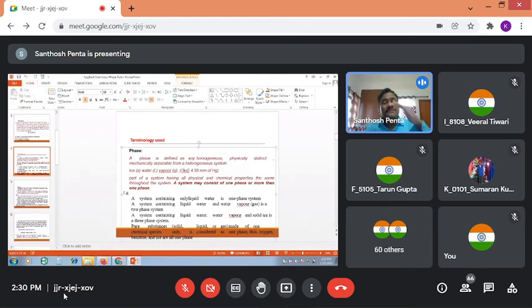If it is existing in equilibrium, ice is in equilibrium with water, and that is in equilibrium with vapor. With your naked eye, you can identify in this container that this much portion is occupied with ice, this much with liquid, and this much with vapor.